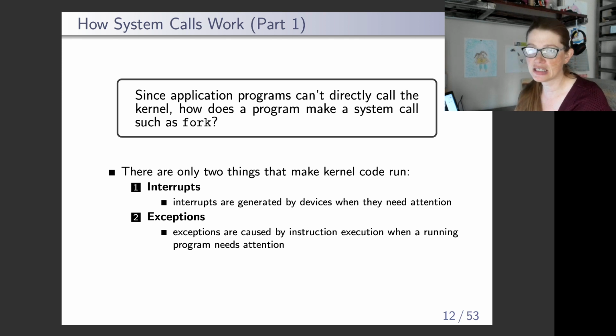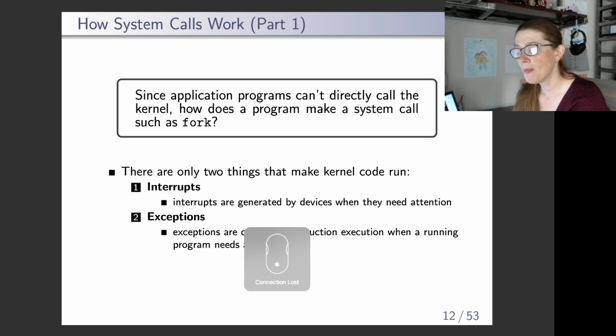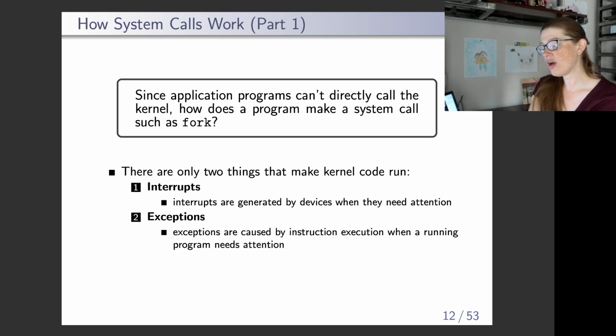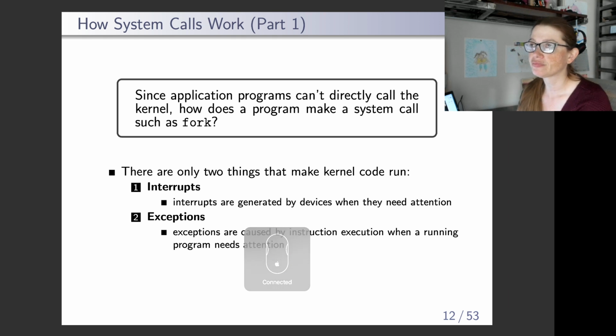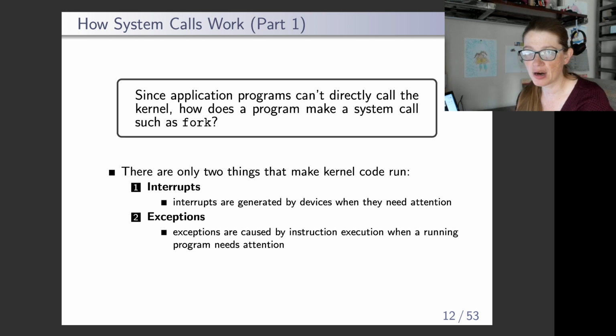Similarly, if we receive a software exception, which is things like division by zero and an illegal instruction, we are also going to have the CPU end up running an exception handler whose address is in the trap table.